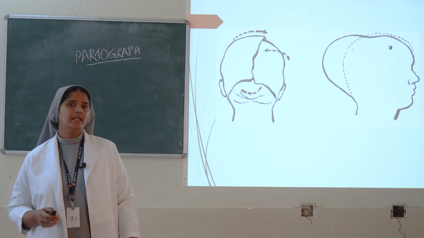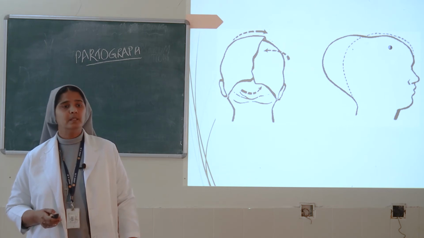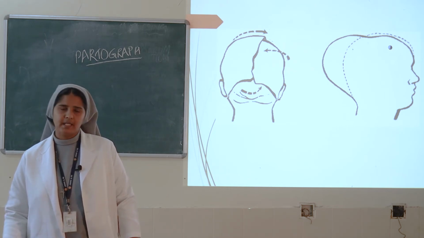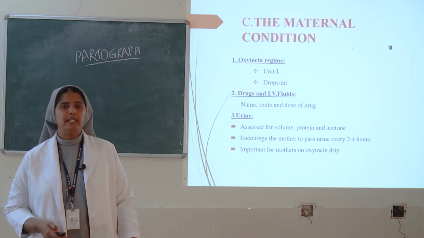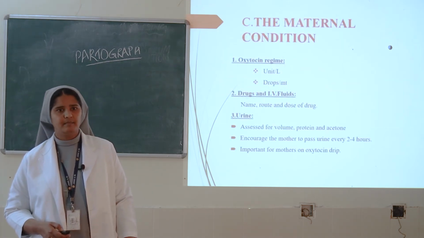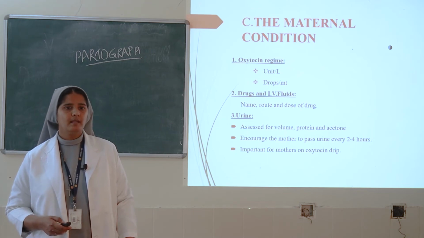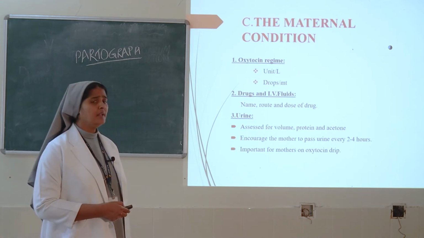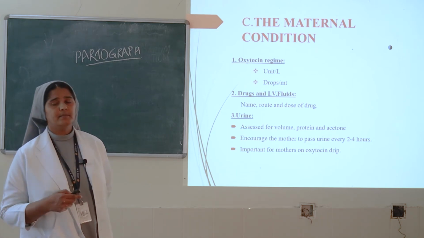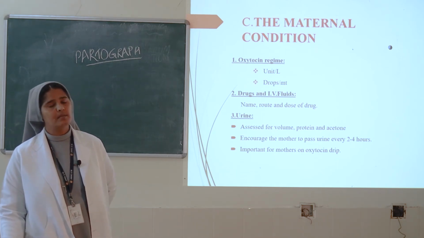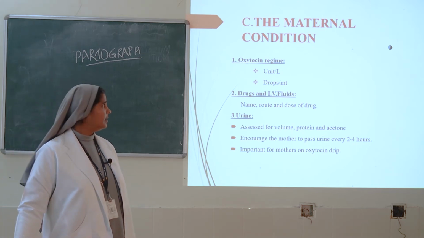skull. Then the next component of the partograph is the maternal condition, the maternal physiological condition. Under maternal condition, we can see the oxytocin regime, how we are administering the oxytocin to the mother during the labor process.